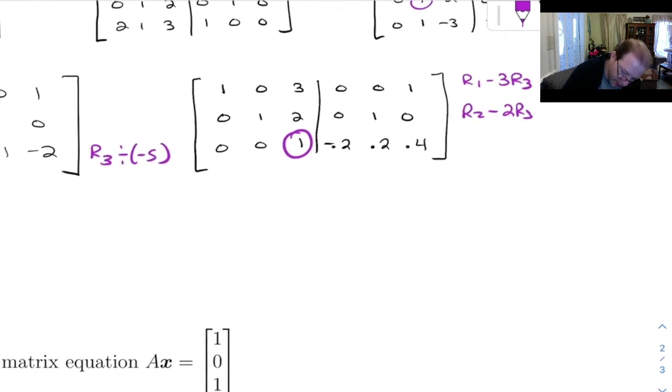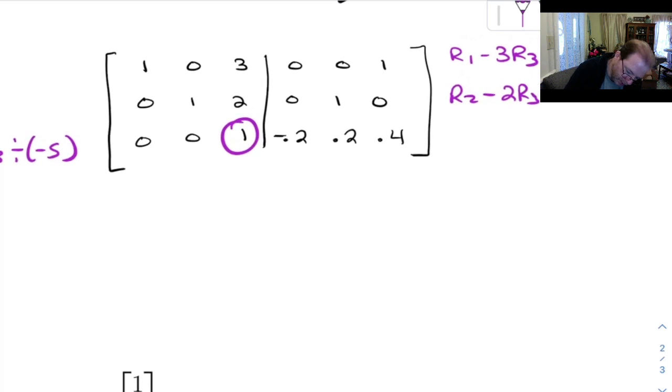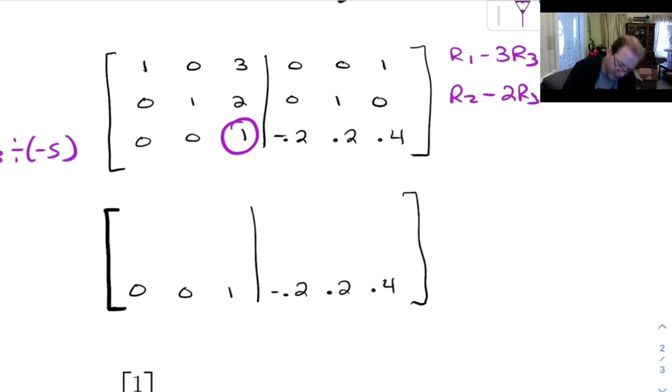And rather than go back over here, I'm just going to do it immediately below. So row 3 stays the same. All right, let's do row 2 first.